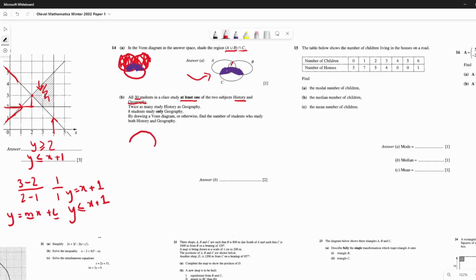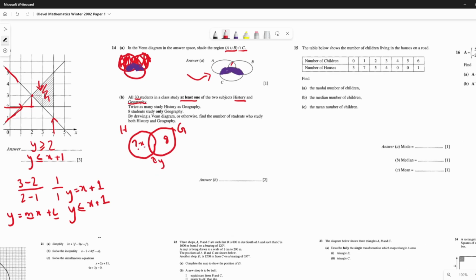So in Venn diagram form, that would look something like this. This is geography and this is history. So in the middle are people who study both. These are only geography, which we know is 8, and these are only history, which we don't know right now. So I will call this X and I will call this middle one Y, just to give them values.